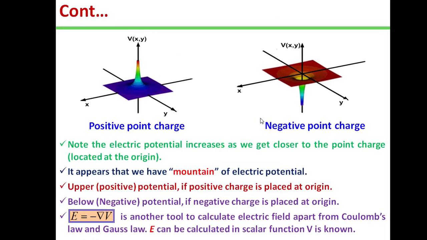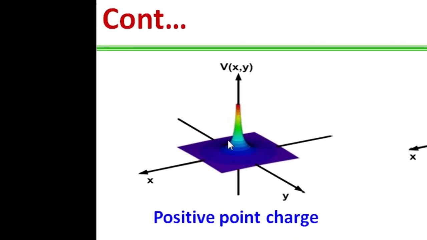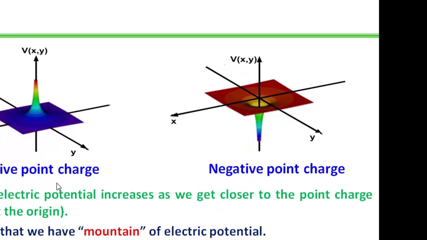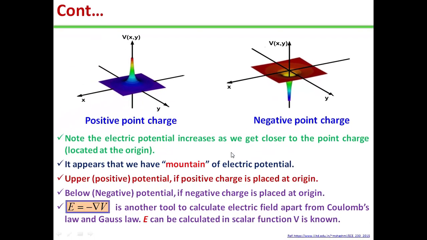You can see these two figures. In one figure, the potential is plotted for the positive charge and the second figure is plotted for the negative charge. Note that electric potential increases as we get closer to the point charge if the charge is located at the origin. It appears that we have a mountain of electric potential.